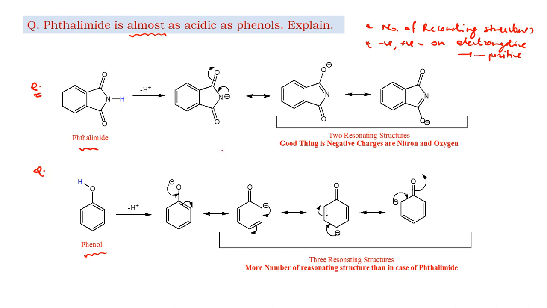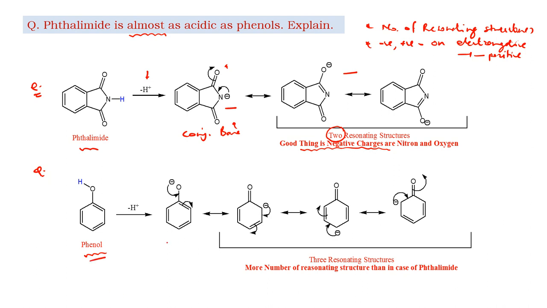So what we are observing in the case of thalamide is that if it behaves as an acid, it will give H plus and form a conjugate base. In this conjugate base, the negative charge can be distributed over either this oxygen or this oxygen. So we have two resonating structures, and it is good that the negative charge resides on either the nitrogen or oxygen.